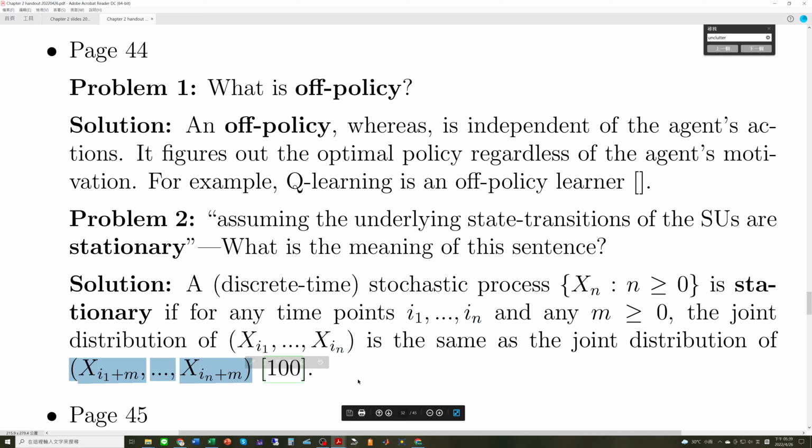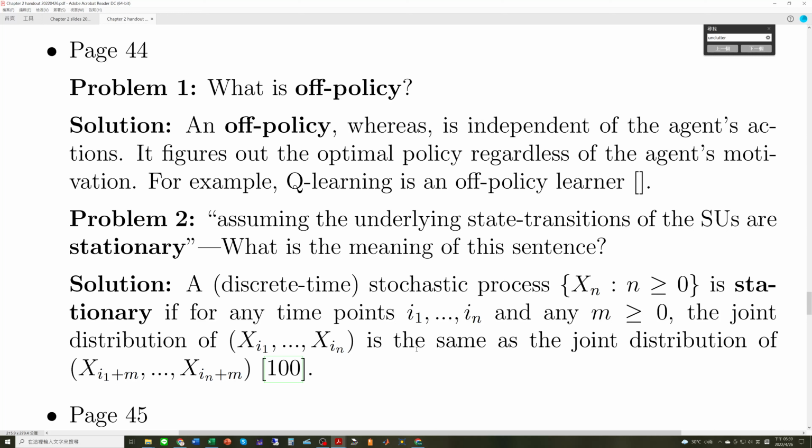So first, X_n is a random variable. Here are n random variables, and here are also n random variables. This means the joint distribution of these n random variables at any time points i_1 to i_n is the same as the joint distribution of these n random variables.